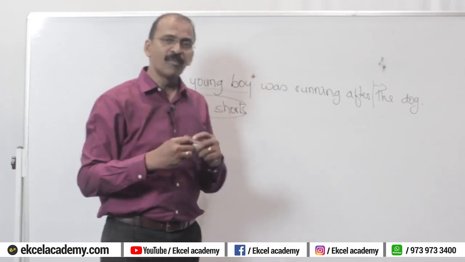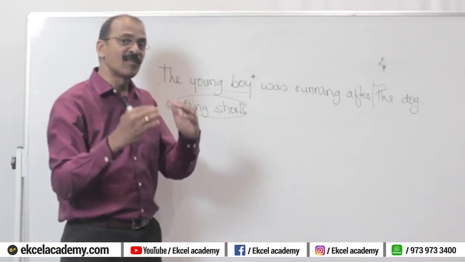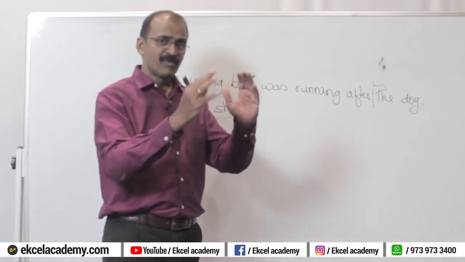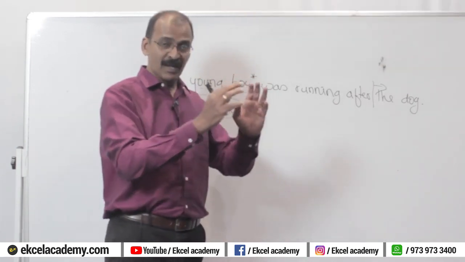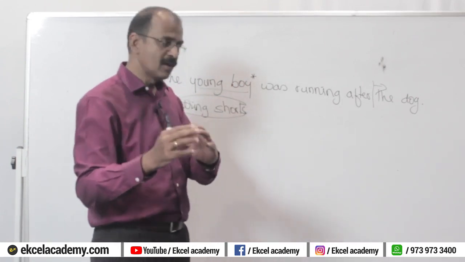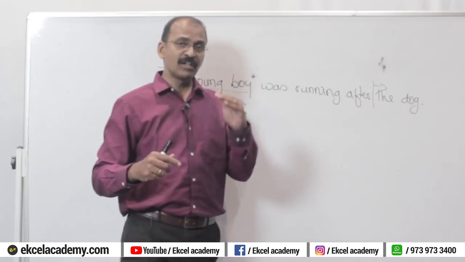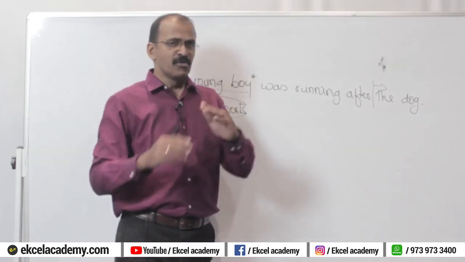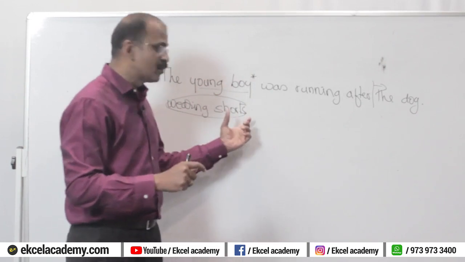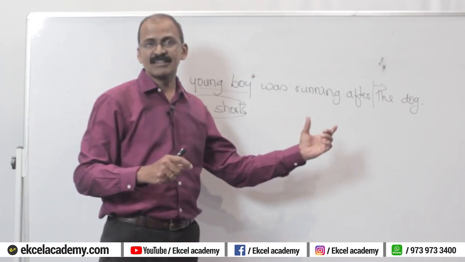So in your reading comprehension, you have multiple choice questions. Now when you read the paragraph, there is a descriptive word that is placed next to a certain noun or a pronoun. And in the multiple choice question options, you have everything the same, but only the descriptive word is placed next to something else.